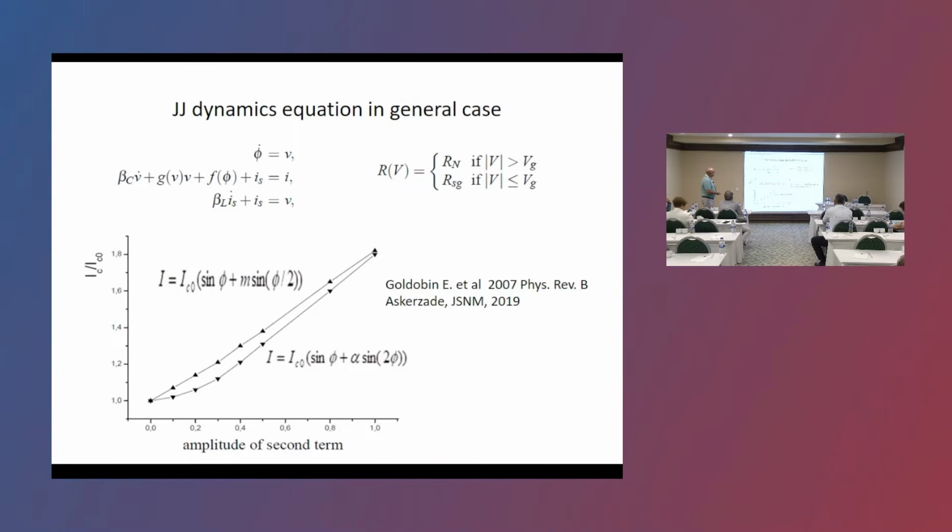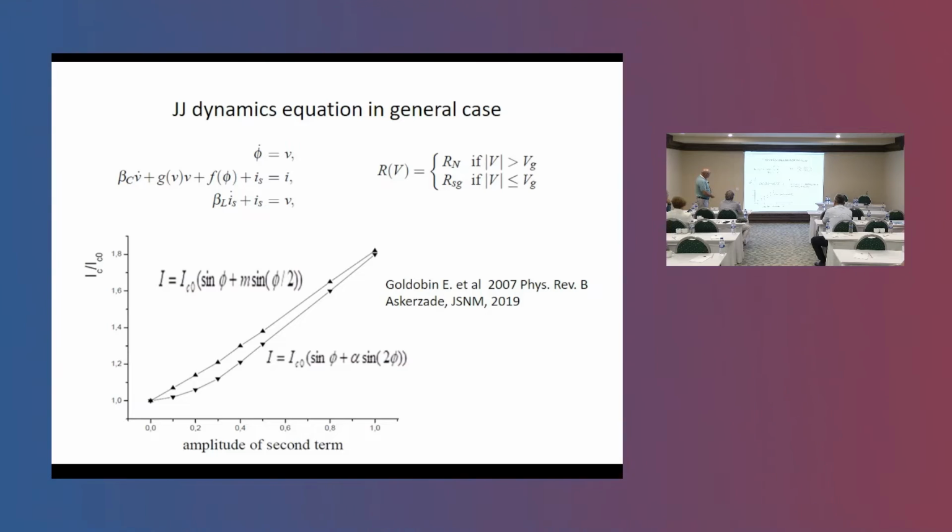And here I present some results related with calculation of effective critical current: inclusion of the second harmonic, sine 2 phi, and inclusion of a fractional term into the current-phase relation leads to a change of the effective critical current.